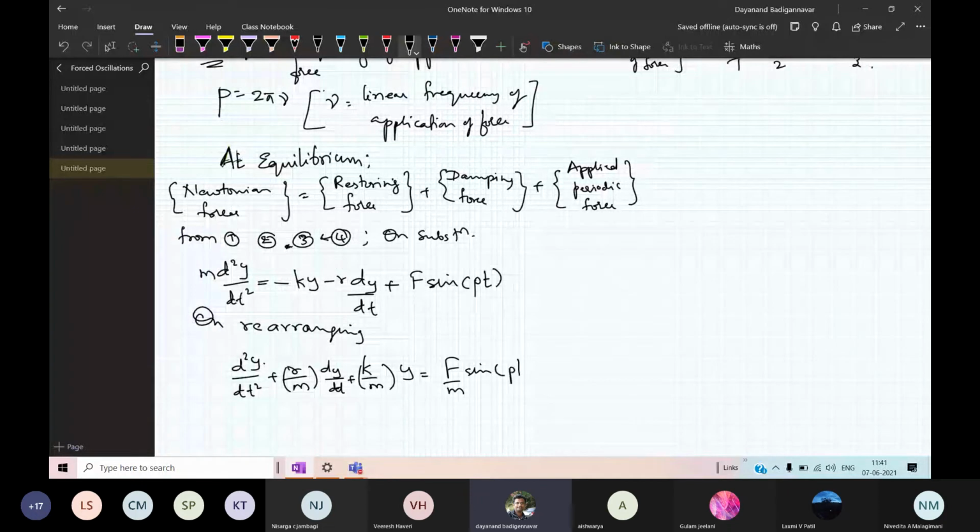This is what you get. So this is the equation for SHM for a forced oscillation.